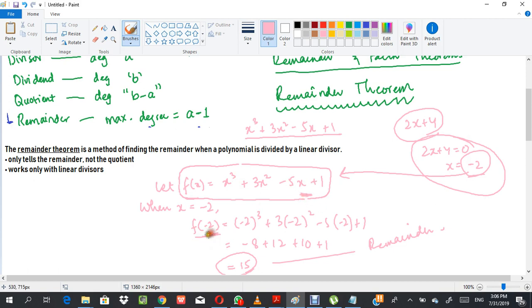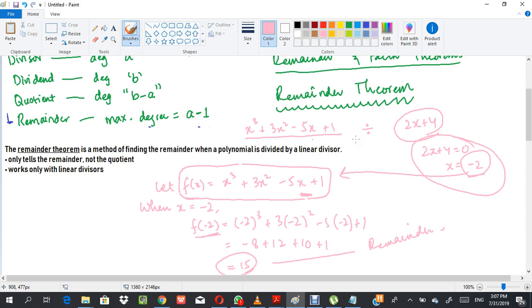This is going to give me one constant term, and that will be the remainder when the two are divided. If any one of you wants to verify your answer, you can use either the algebraic identities method or the long division method to find the remainder. Fine. So this was the remainder theorem.